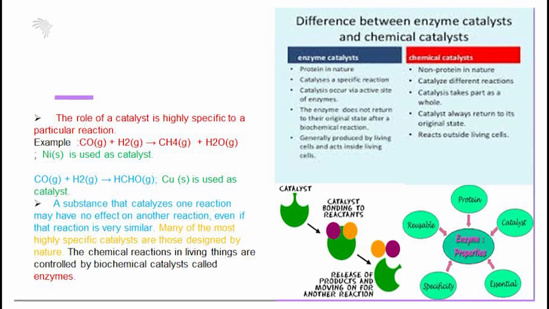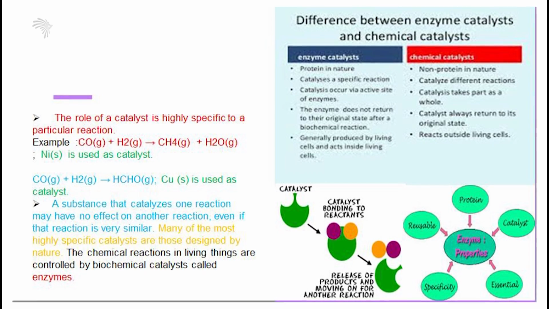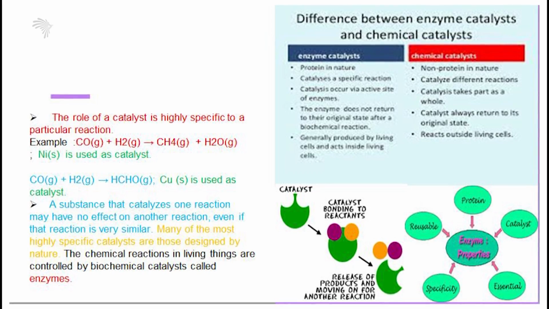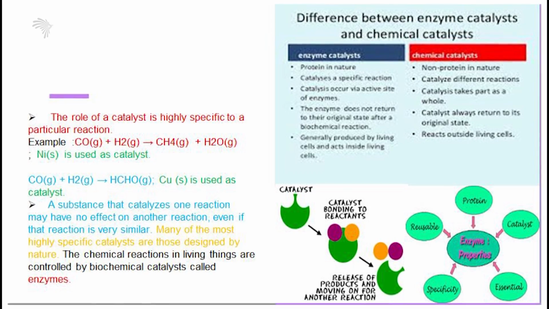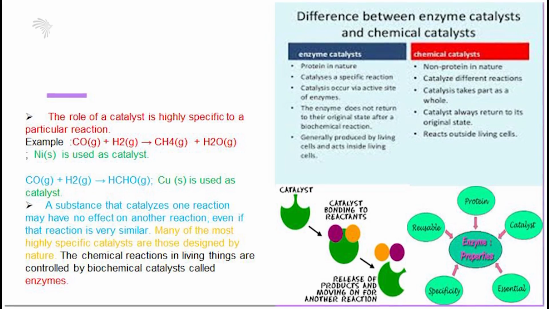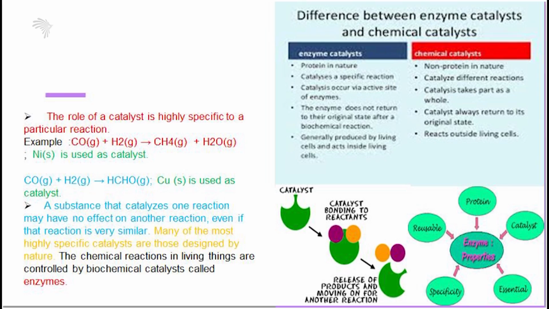So it is specific to a certain chemical reaction. For example, the enzyme zymase catalyzes only the fermentation of glucose to ethyl alcohol and carbon dioxide, and the enzyme invertase catalyzes only the breakdown of sucrose to glucose and fructose.